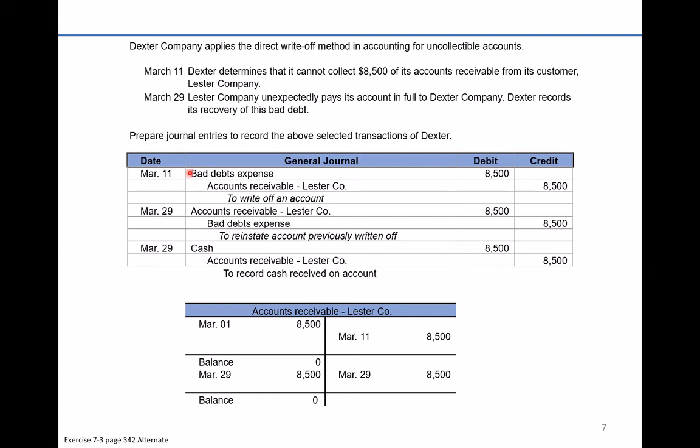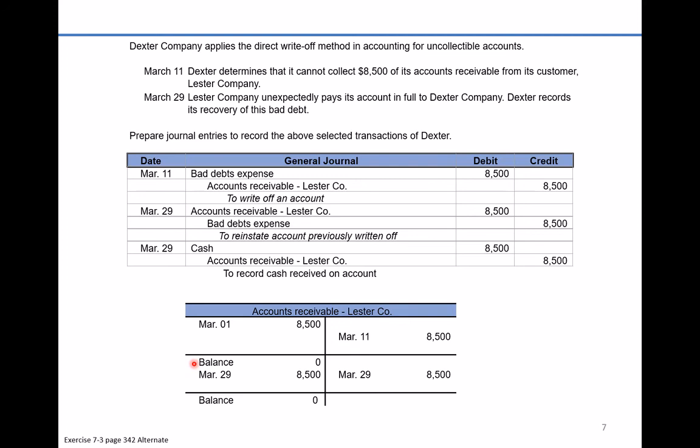When you realize the customer is not going to pay you under this direct write-off method, you charge that off, and you charge it off on the day that that happens, not when the sale was made, but on the day that you realize the customer is not going to be able to pay you back. And what principle is that violating again? Matching principle. So when you charge it off as a bad debt expense, it brings the customer's balance down to zero.